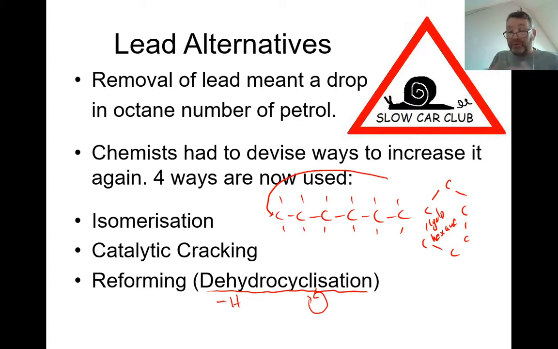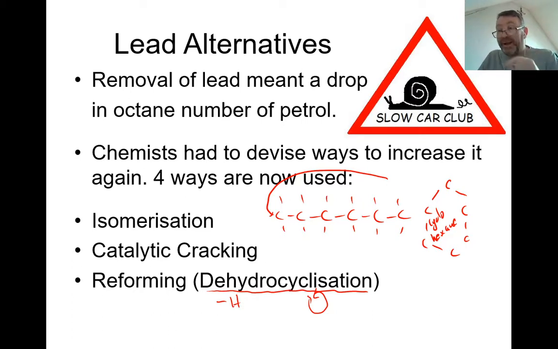So all you've got to remember is, if you're going to dehydrocyclize octane, what do you get? Cyclooctane. If you're going to dehydrocyclize hexane, cyclohexane. If you're going to dehydrocyclize heptane, cycloheptane. So wherever dehydrocyclization comes in, you just put the word cyclo before the original molecule, and that's the new isomer of that particular molecule. Now we can't really say it's an isomer because we're losing hydrogens, but it's a new structure.